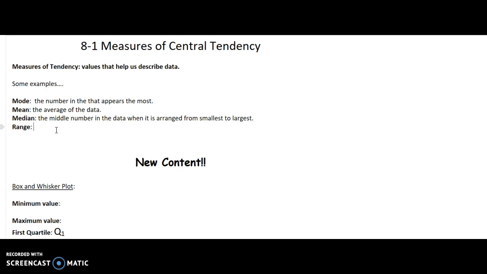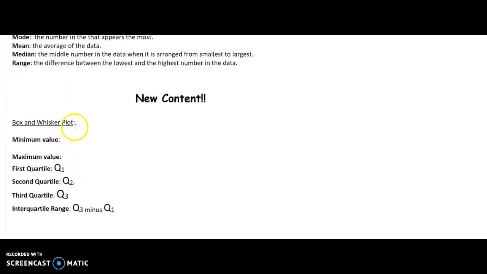The range, which I think is something that sometimes confuses us, is going to be the difference between the lowest and the highest number in the data. So make sure that you're writing this down in your notebook. So these are measures of central tendency that we have worked with before, hopefully. And we're going to use some of these, not all of these, to apply it to something new, and that is what we call the box and whiskers plot.